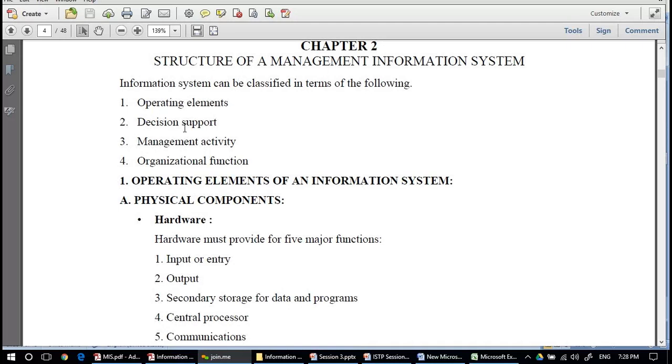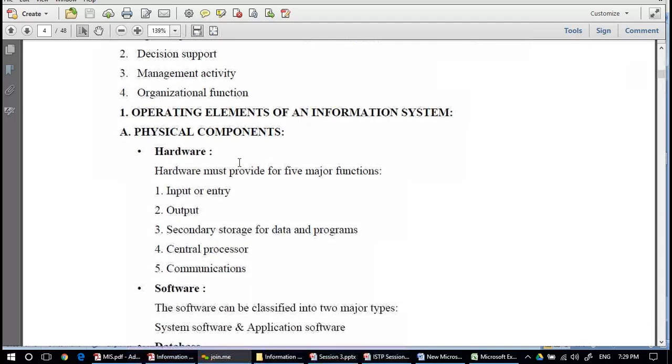The structure of the management information system distinguished regarding the decision support system. The structure distinguished regarding the management activity. The structure distinguished regarding the organizational functions. So let us have a look.